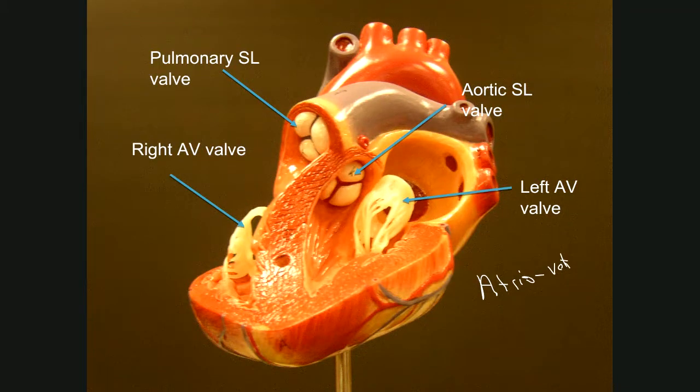Look, there's the left atrium right there, and there's the left ventricle right there. So they're between the left atrium and left ventricle. Same thing's true over here, between the right atrium and right ventricle. So we have the left AV valve and the right AV valve.